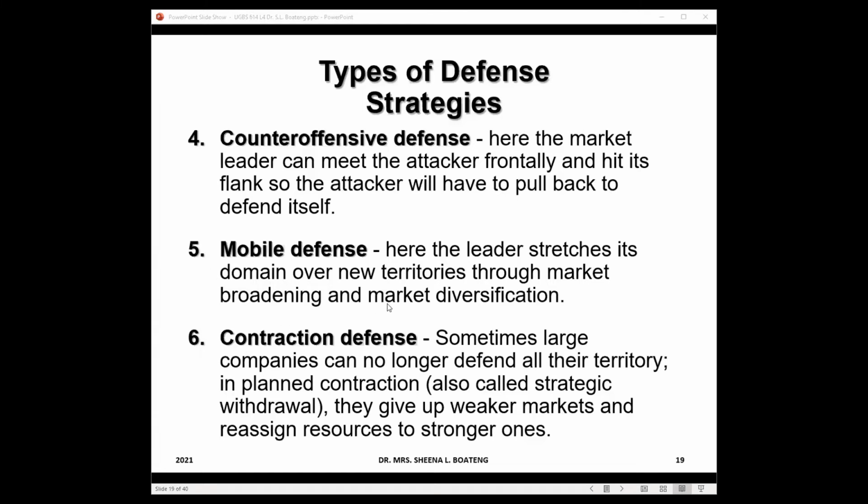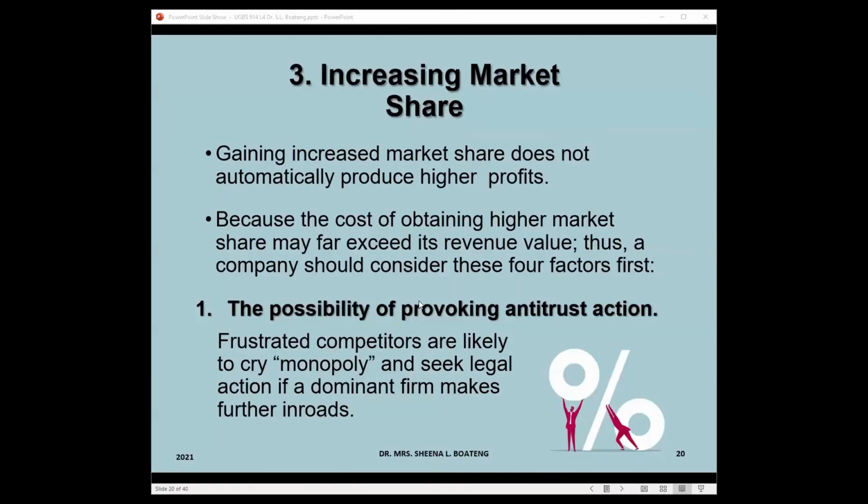All right. So moving on to the third competitive strategy available to market leaders. We're talking about the fact that increasing market share should also be on the agenda of the market leader. However, here we need to throw a word of caution out there to the market leader that gaining increased market share does not automatically produce higher profits for the firm.